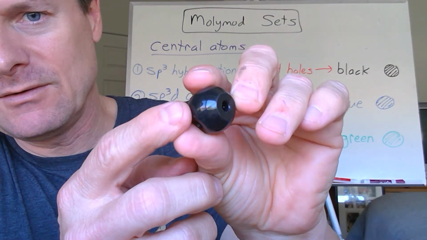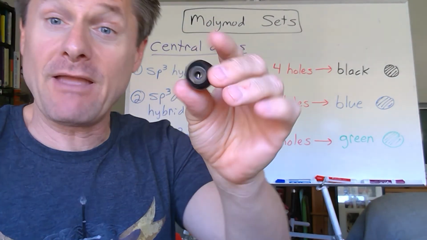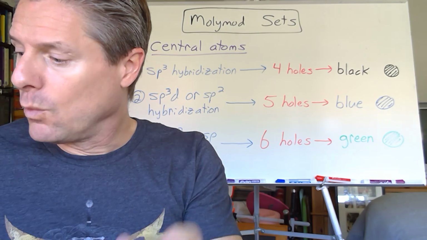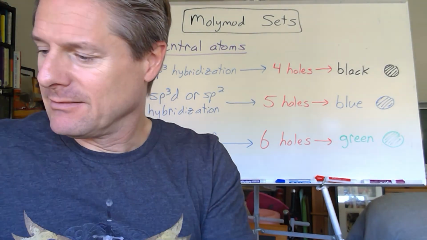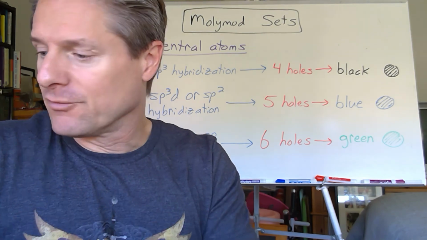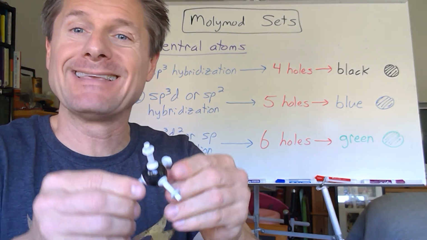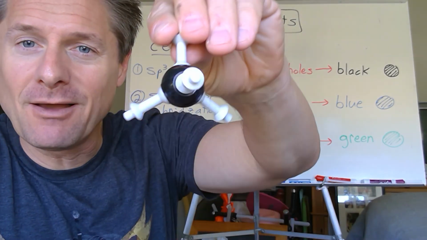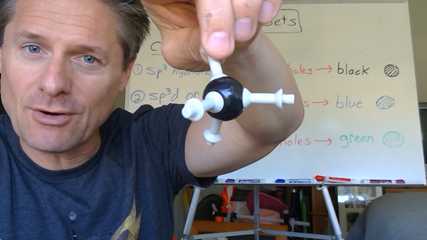So 1, 2, 3, and 4. There it is. So we have 4 holes in there. So when you put in bonds, or electron groups realistically, this could be like ammonia with 3 single bonds and a lone pair, you get 109.5 degree bond angles, and you get that tetrahedral electron group geometry.